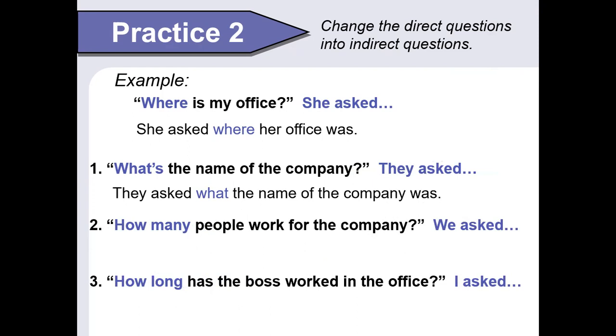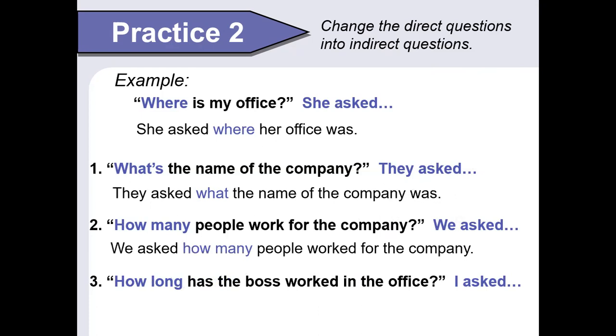I'm sorry, the next one, what do you think it is? We asked how many people work for the company. Yes, how many people, but in this case, how many people worked for the company, right?